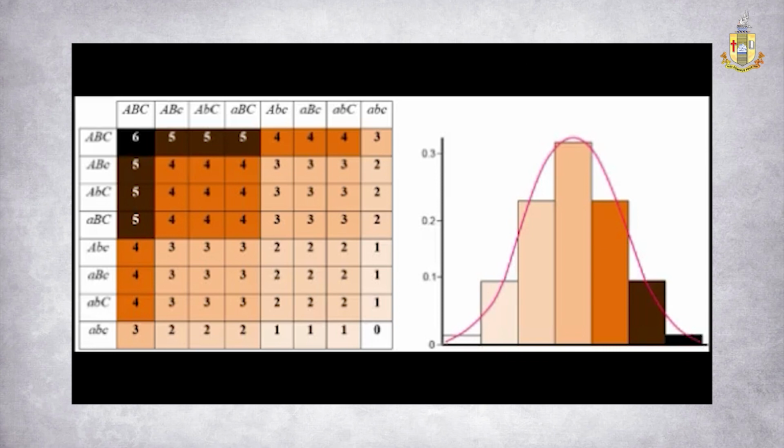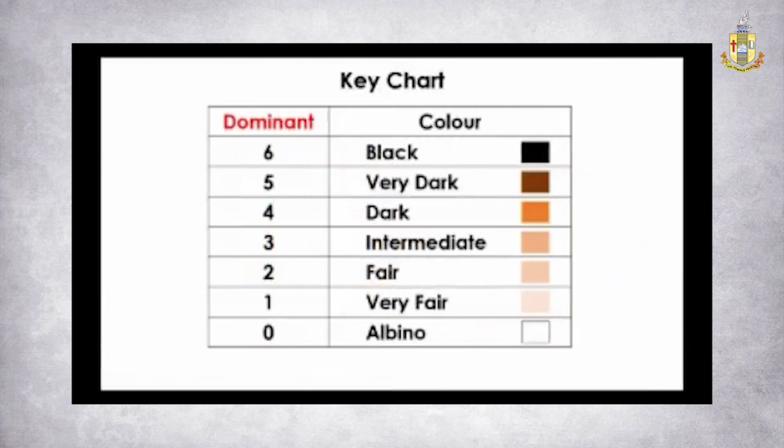So out of 64, there is one all-dominant and there is one all-recessive, right? Then let us count how many 5s are there, then how many 4s, then how many 3s, then how many 2s, and how many 1s, and no dominants. So this is going to explain the various skin color combinations in human beings. My dear friends, try to understand.